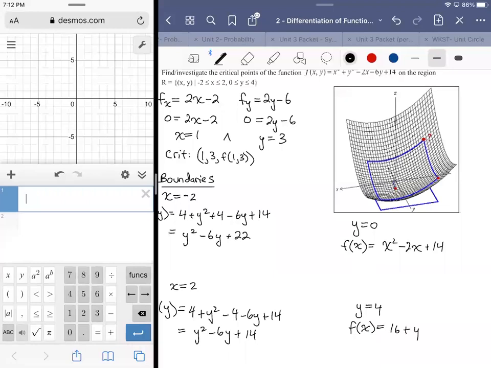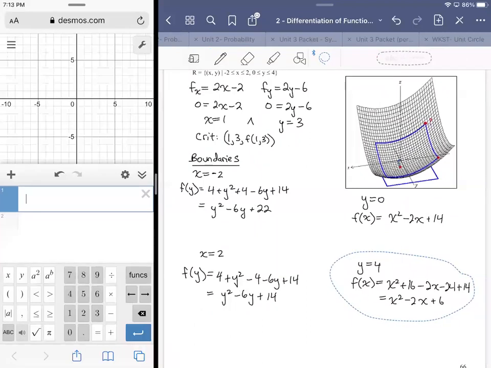I keep putting them in for x. x squared plus 16 minus 2x minus 24 plus 14. So it looks like x squared minus 2x plus 6, 30 minus 24.